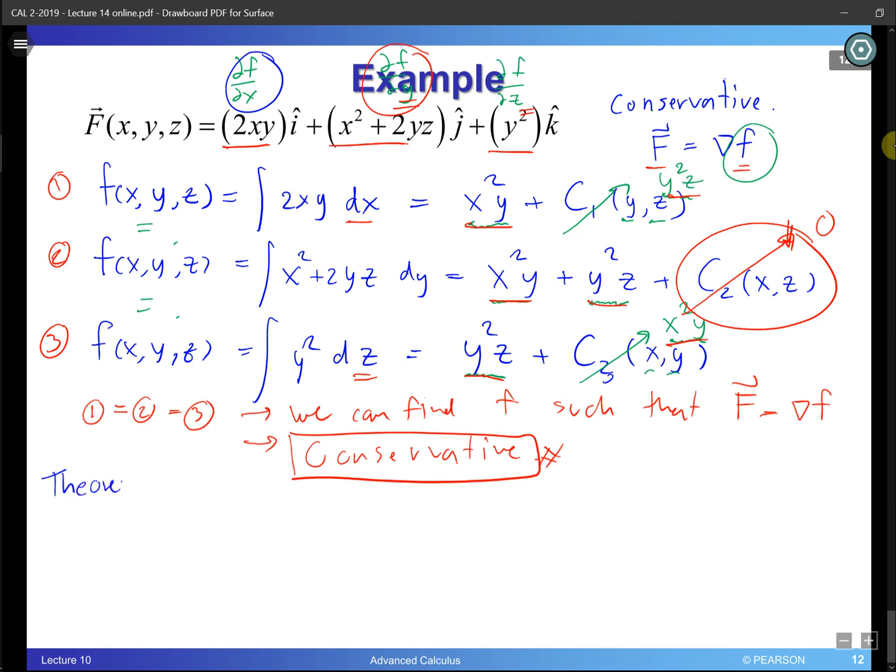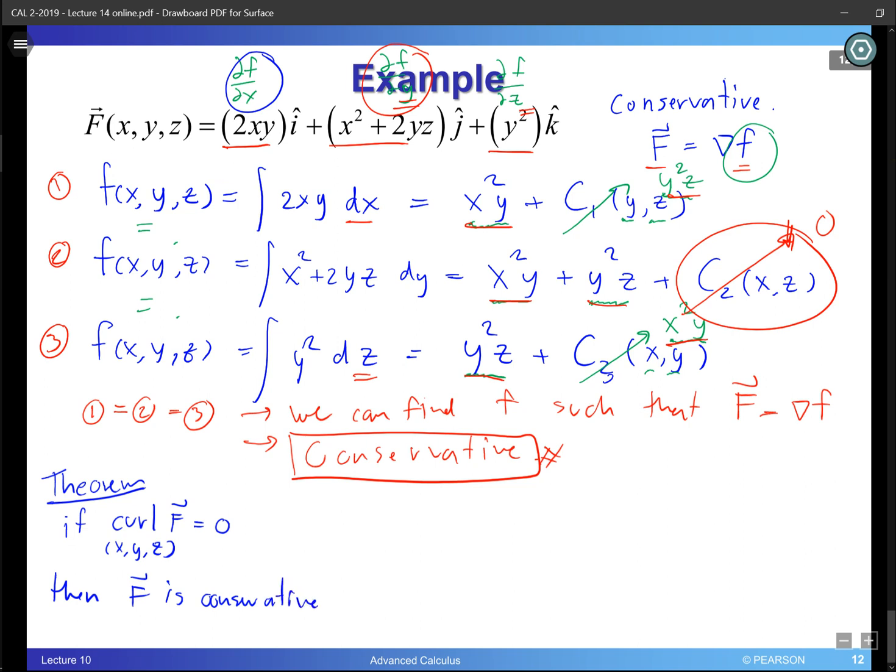The theorem says that if curl f is equal to 0 at any point x, y, z, then f is conservative. That's it.